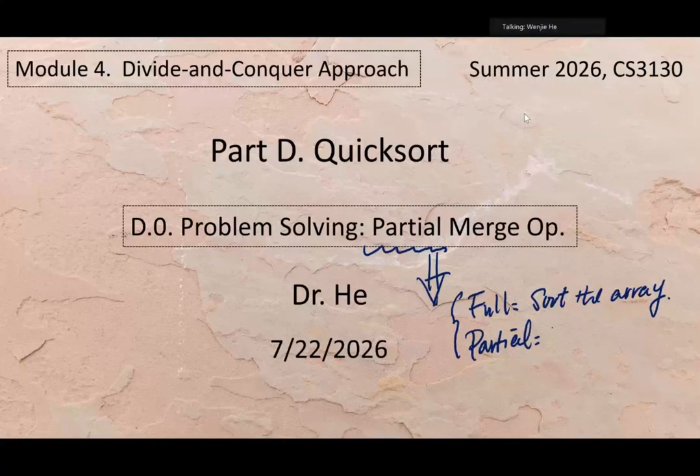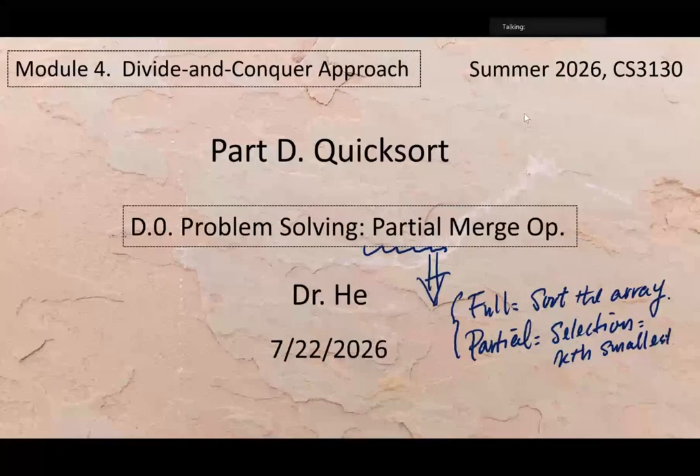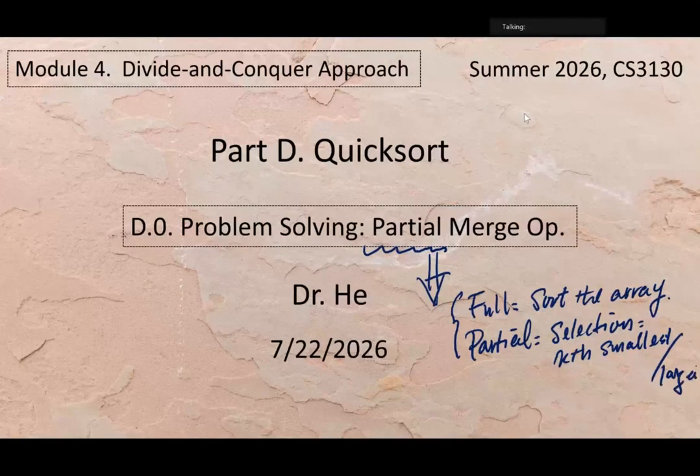So for the selection problem, kth smallest or largest, we do not need to do the full merge, only a partial merge.